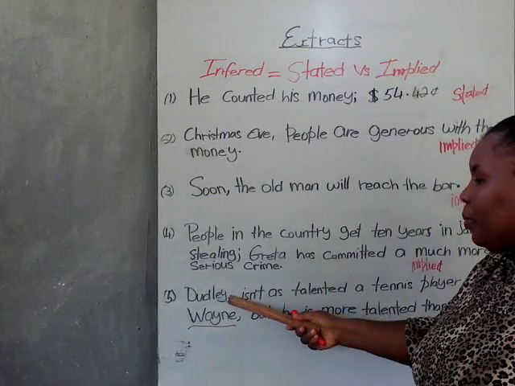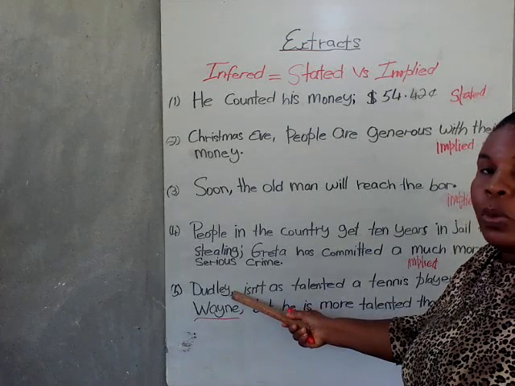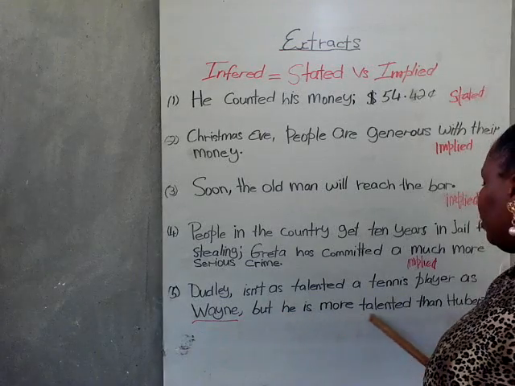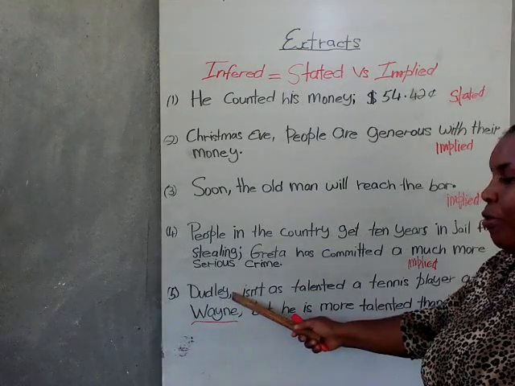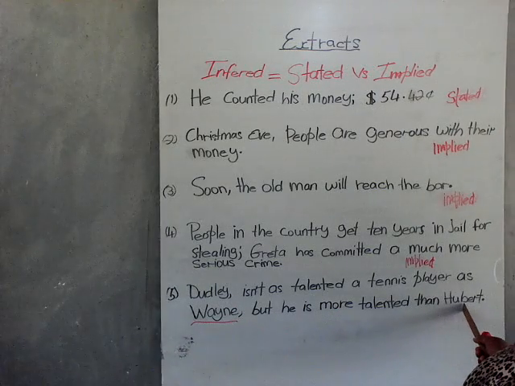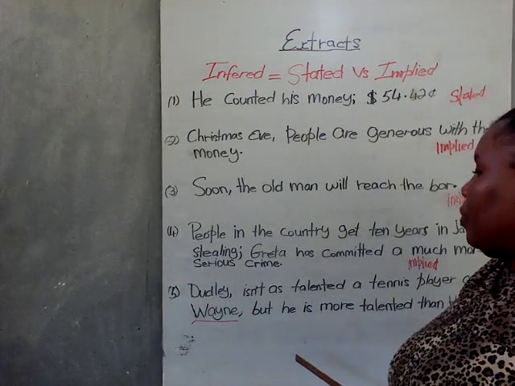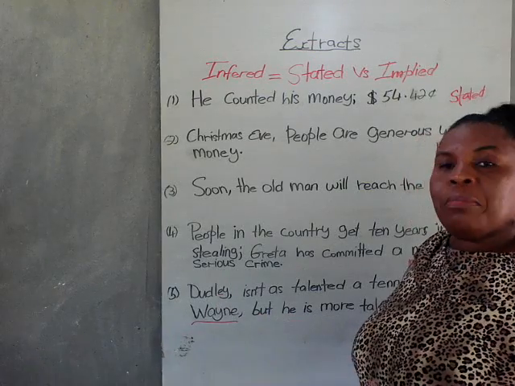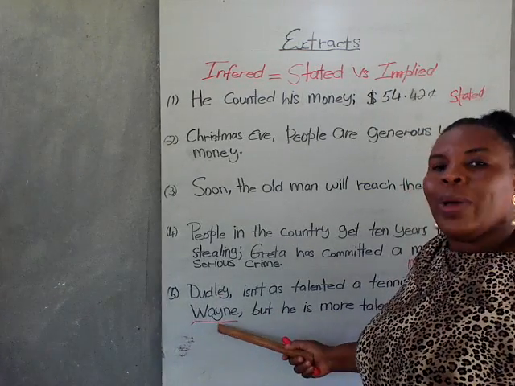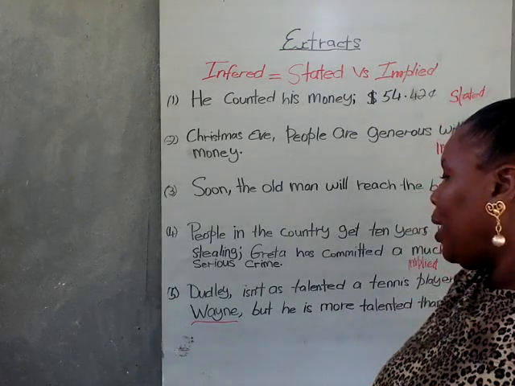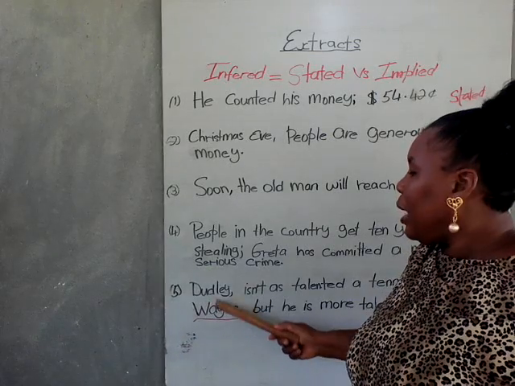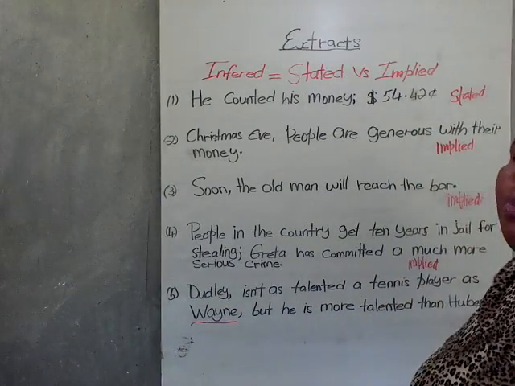But he is more talented than Hubert. So this "he" is referring to Dudley. Dudley is more talented than Hubert. So Dudley doesn't match up to Wayne, but he's still more talented than Hubert, making Wayne the star. Alright? Wayne is a better tennis player than Dudley and Hubert put together.